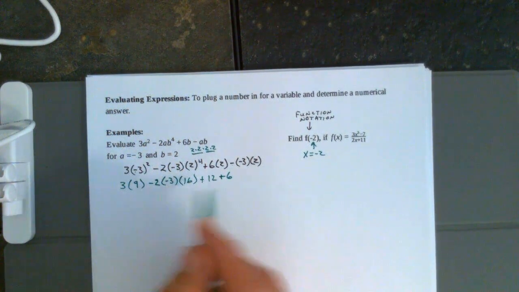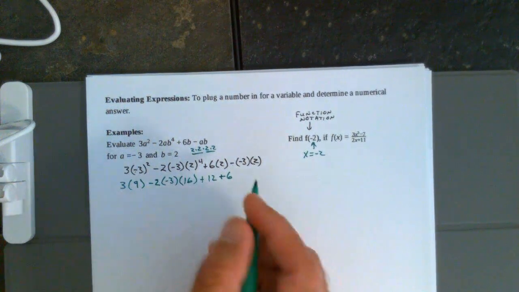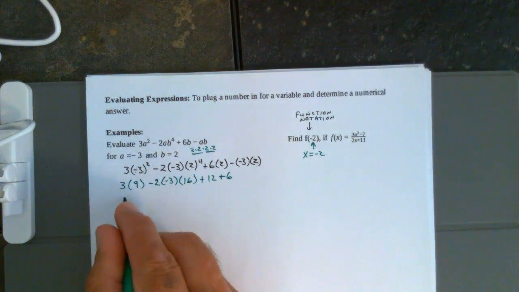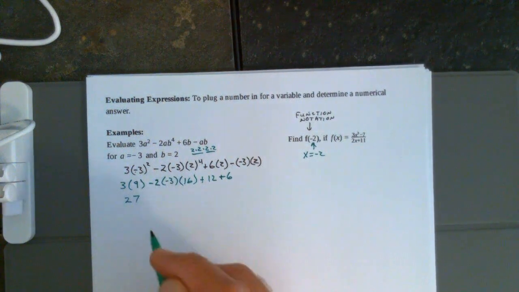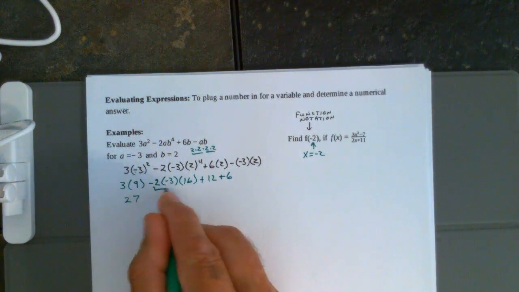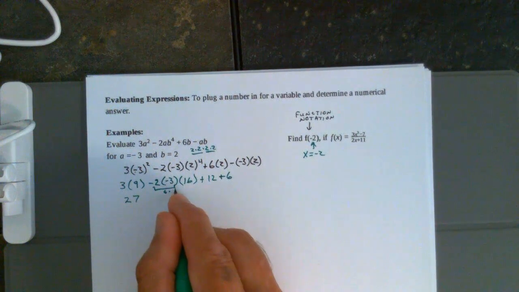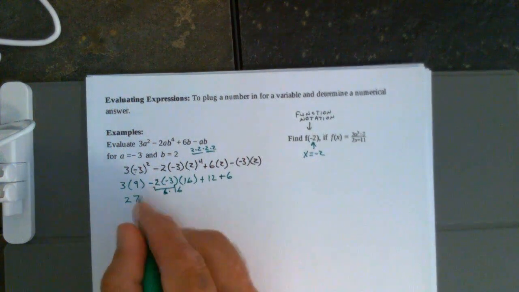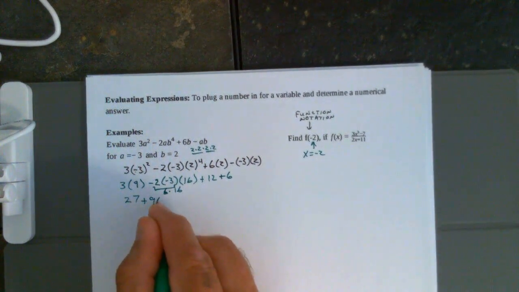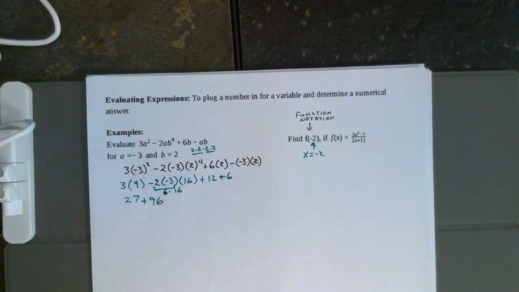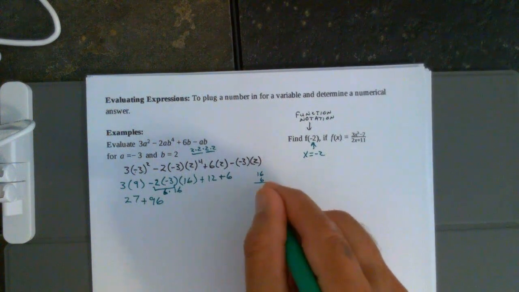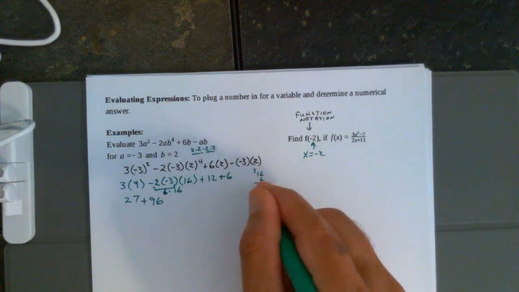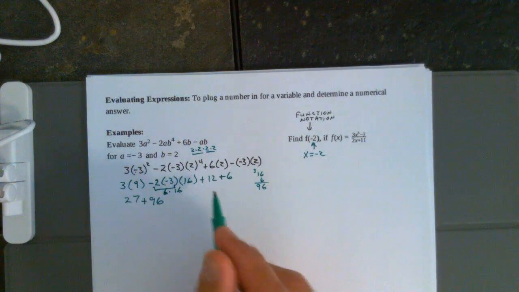And now we can just simply do the rest of the multiplications and add up our answers. 3 times 9 is 27. -2 times -3 is 6. 6 times 16 is 96. And again, if you needed to go off to the side and do 6 times 6 and get the 6 and carry the 3 and get 96 that way, that's fine.